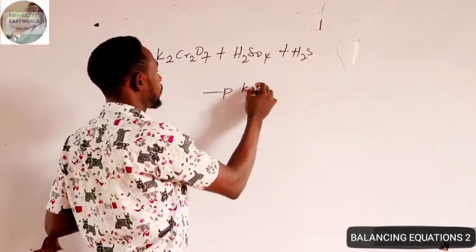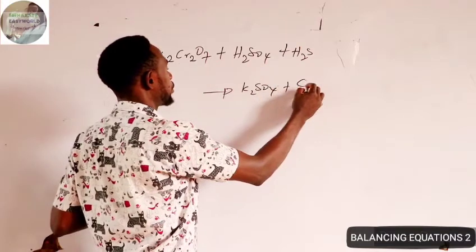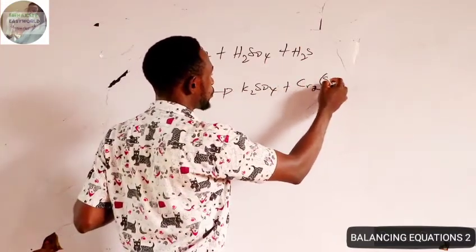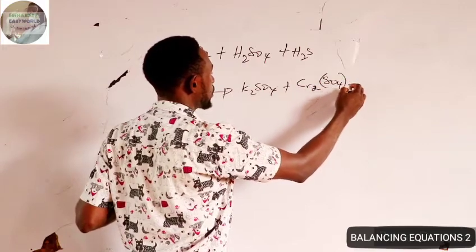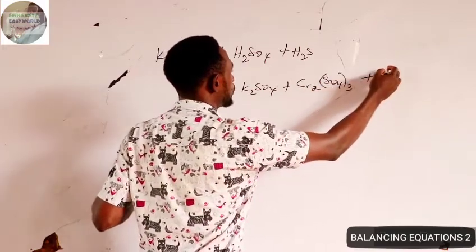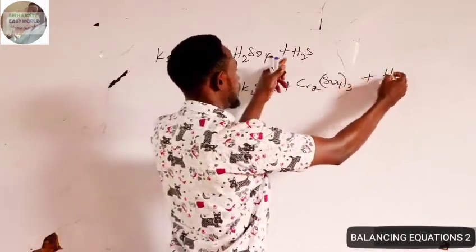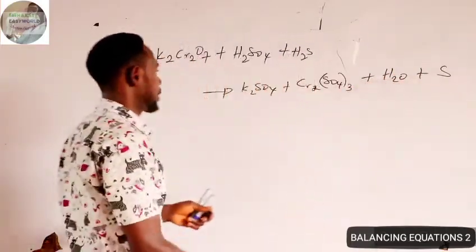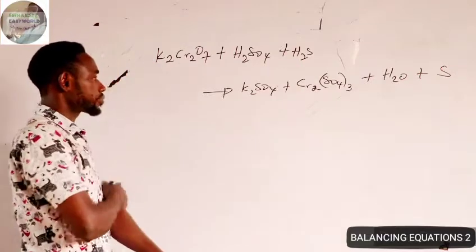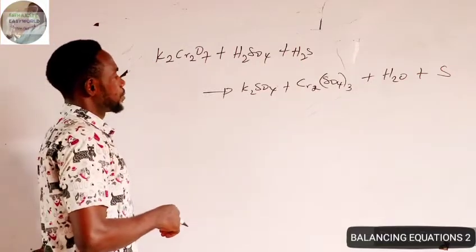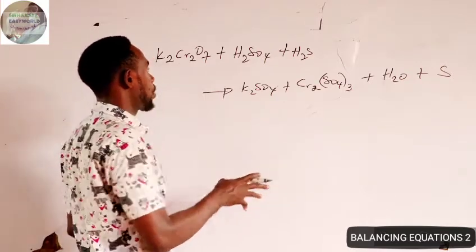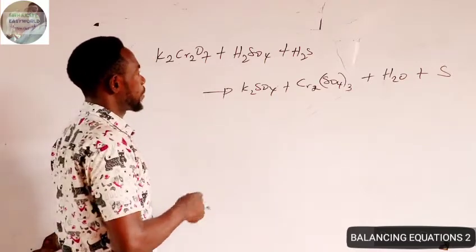So potassium sulfate will be formed, plus chromium(III) tetraoxosulfate(VI), then plus water, that's the hydrogen displaced, then plus sulfur. Now, in this equation, for you to balance this, I told you, you can start with hydrogen or oxygen, whichever you are capable of doing.